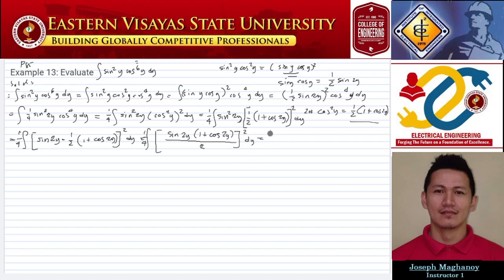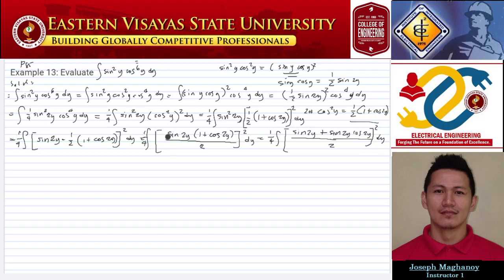Okay, so 1/4 integral of bracket, sine 2y times 1 plus sine 2y times cosine 2y, that is sine 2y cosine 2y, all over 2 bracket squared dy.